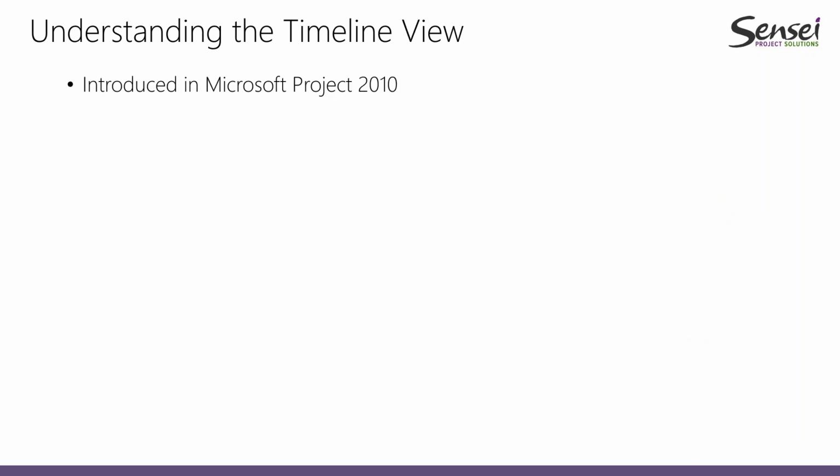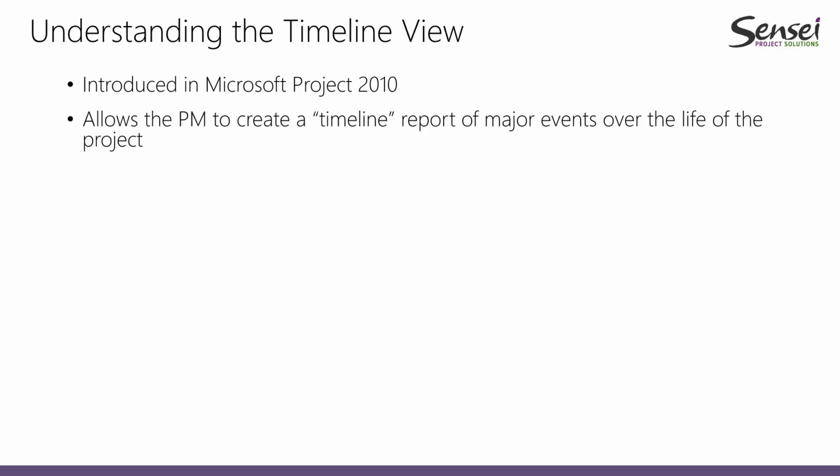So the timeline view is a feature that was introduced in the 2010 version of Microsoft Project, and its intention is basically to create a timeline of the major events happening through the project lifecycle, so we can put some important information in a way that we can organize visually.